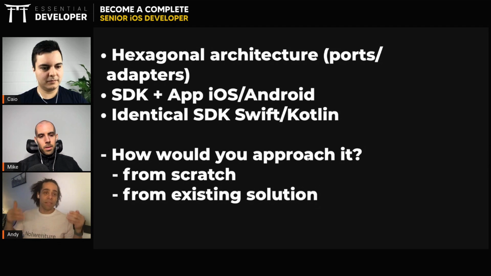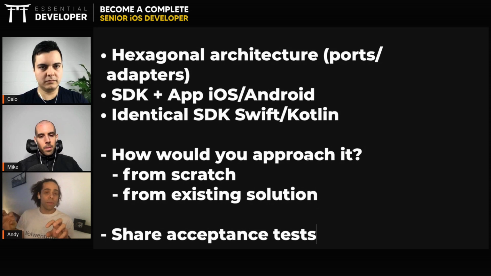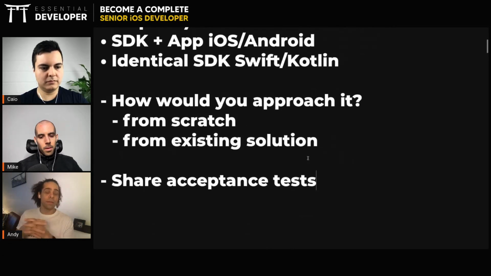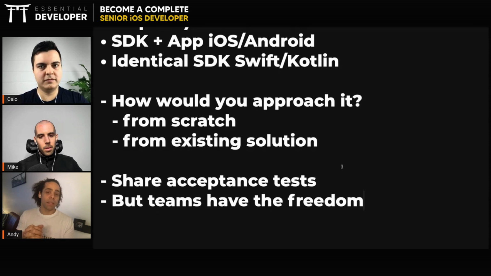So basically, they just have the same acceptance tests. So they both behave the same from the outside world, but inside, when you write the Kotlin or Swift, they're written independently. They don't have to have the same internal private classes or interfaces.